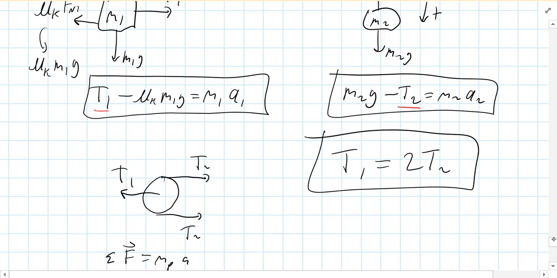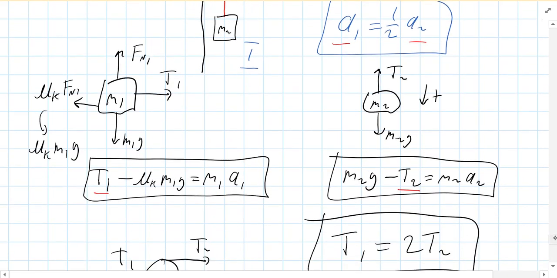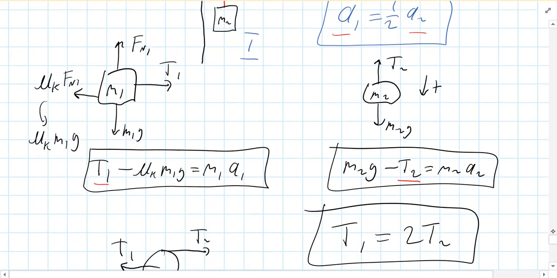Now you've got it. You have four equations with four unknowns: A1, A2, T1, and T2. At this point, if you're trying to find any one variable, you would do a series of substitutions. I'm not going to belabor the algebra here, but you could eventually solve for whatever variable you wanted.